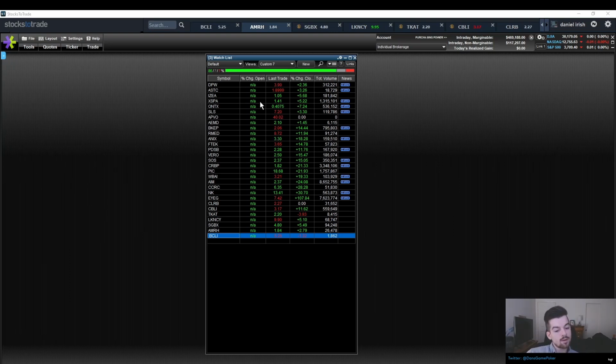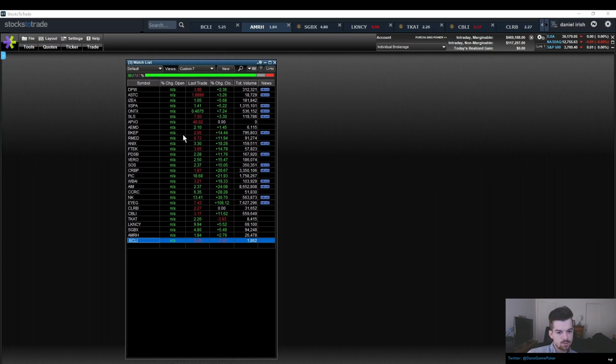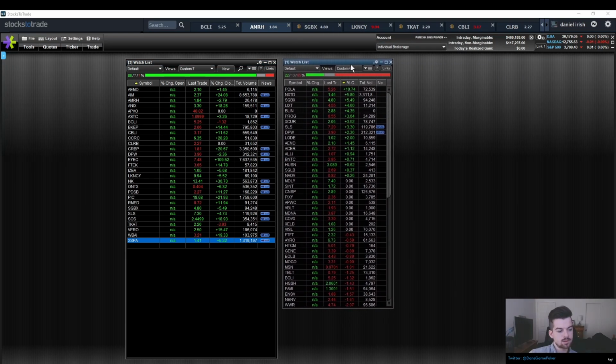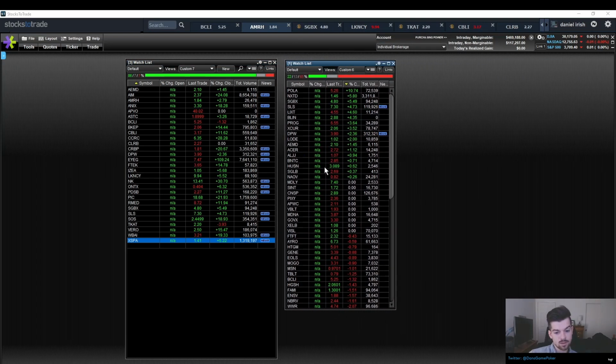Okay, now once this watch list is created, I pull my watch list from Friday up, put it next to it. I'll organize the percent change from close to see what's perking, and I'll go ahead and put the perkers on.